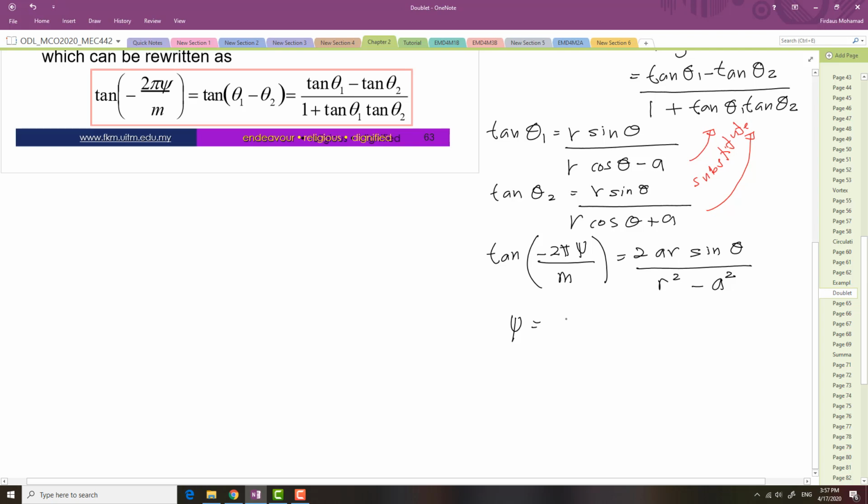negative m over 2 pi tangent inverse of 2ar sine theta over r square minus a square.